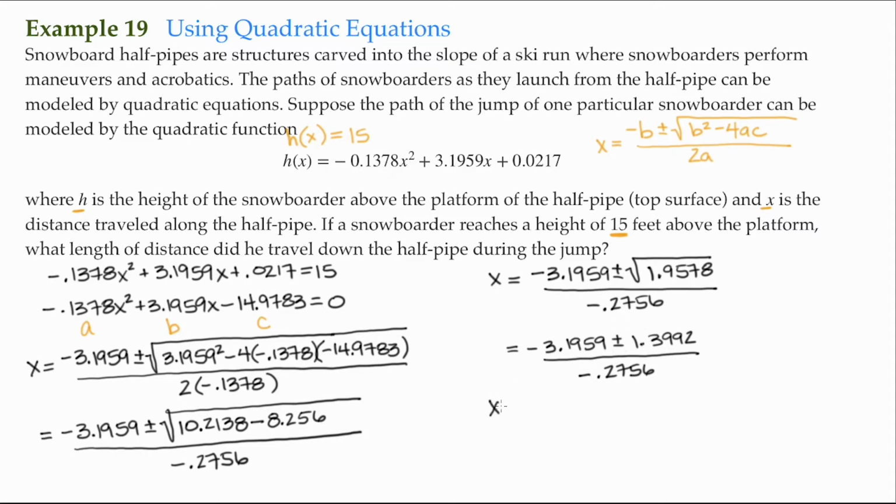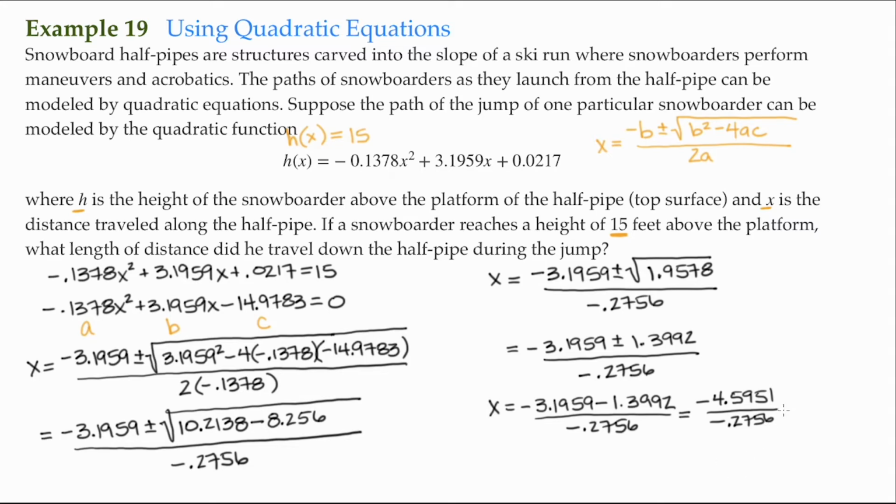It means that x is equal to negative 3.1959 minus, don't forget this is our shortcut, minus 1.3992 all over negative 0.2756. And this comes out to be negative 4.5951 all over negative 0.2756.